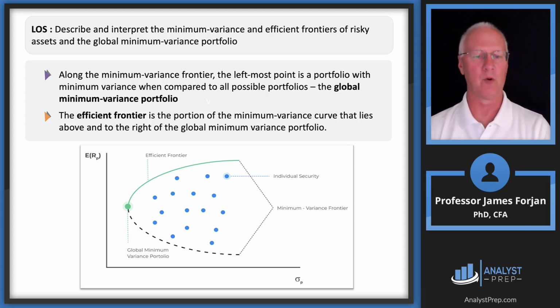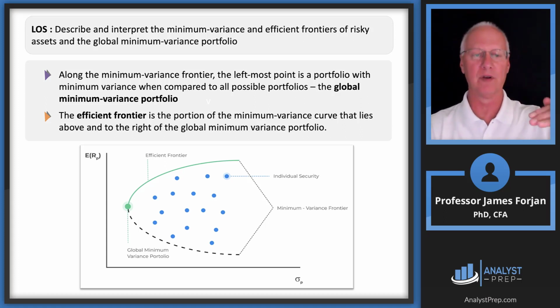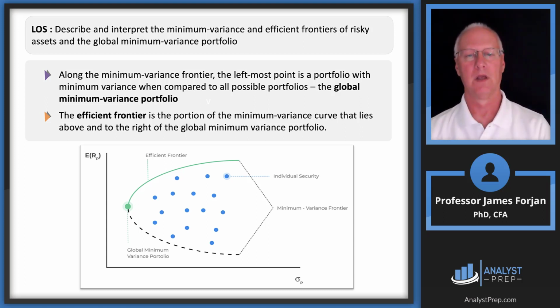Calculating that global minimum variance portfolio is super easy. But then all you do in Solver is add some return constraints to it, and you can draw that green efficient frontier. And that's all it is. It's a locus of points in which standard deviation is minimized at every level of return.